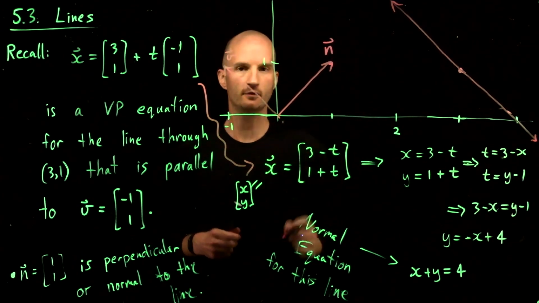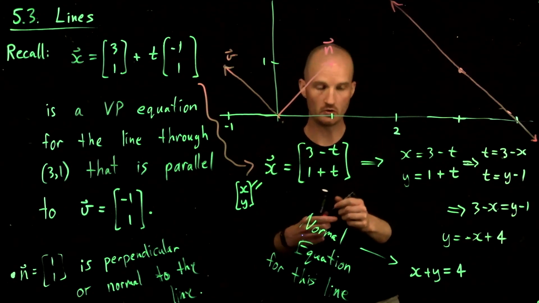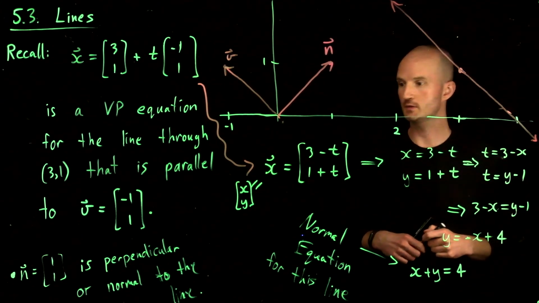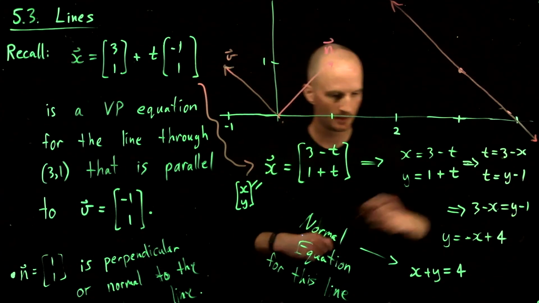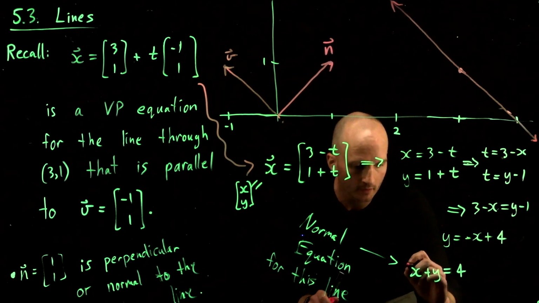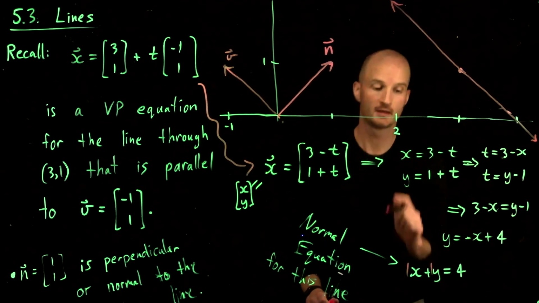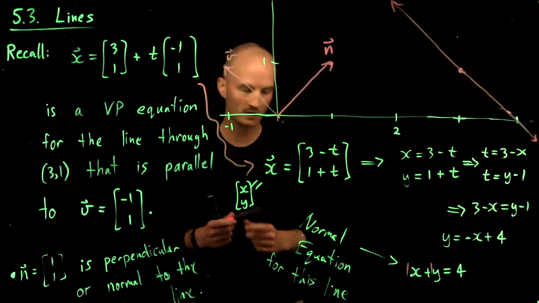So n for normal. You can see that it's perpendicular, or in other words, normal to the line here. And you have these coefficients, or these numbers 1 and 1. And you can see they are appearing here and here, 1x, 1y. That's not a coincidence, as we will see in our next definition.